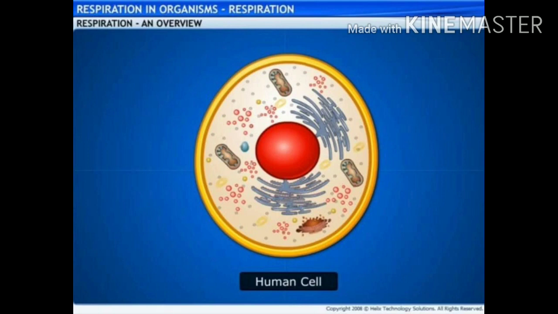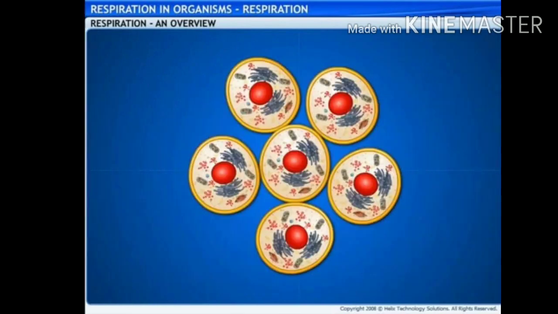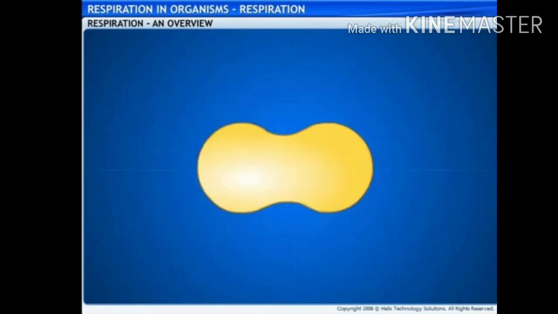In this cell, the respiration occurs, so it is called cellular respiration. In this diagram, a number of cells occur. These cells grow in number and release lots of energy, which is a usable form of energy.